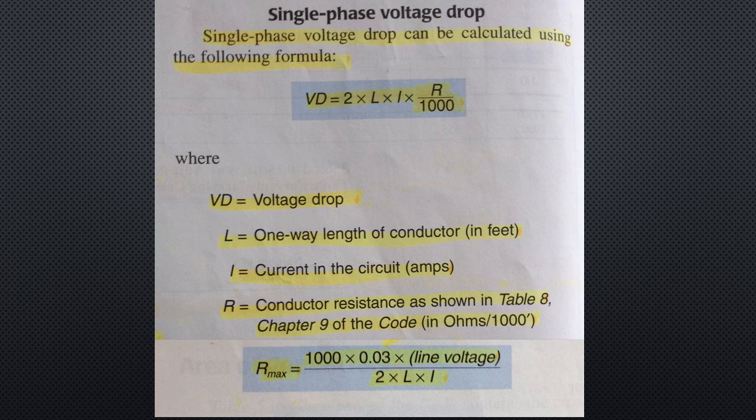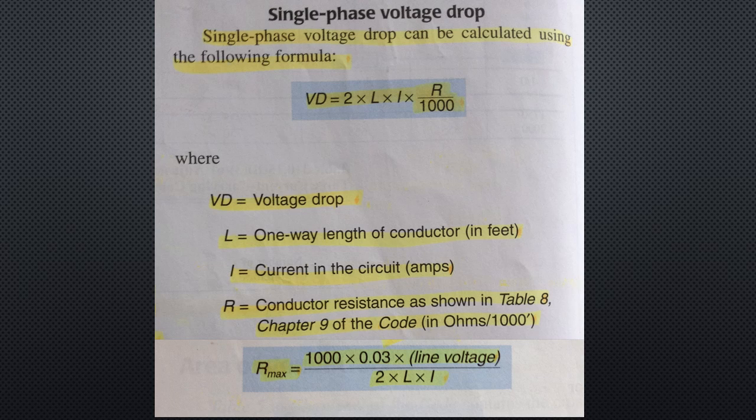In a single phase system, current travels along the conductor and then returns on the neutral conductor. Therefore, the current travels from the source to the equipment and then back again. The total distance traveled is twice the length of a single conductor.